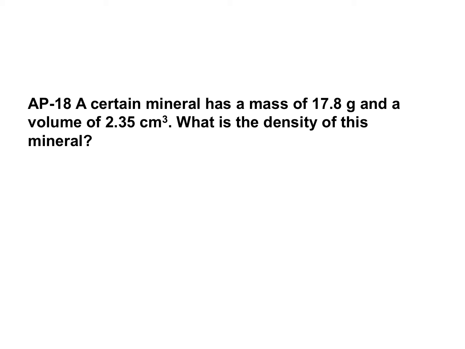So we have a mineral that has a mass of 17.8 grams and a volume of 2.3 centimeters cubed. So in this case, we're just calculating density. This isn't a conversion yet. So we're going to put the mass, 17.8 grams, divided by the volume, 2.35 centimeters cubed, and plug that in.